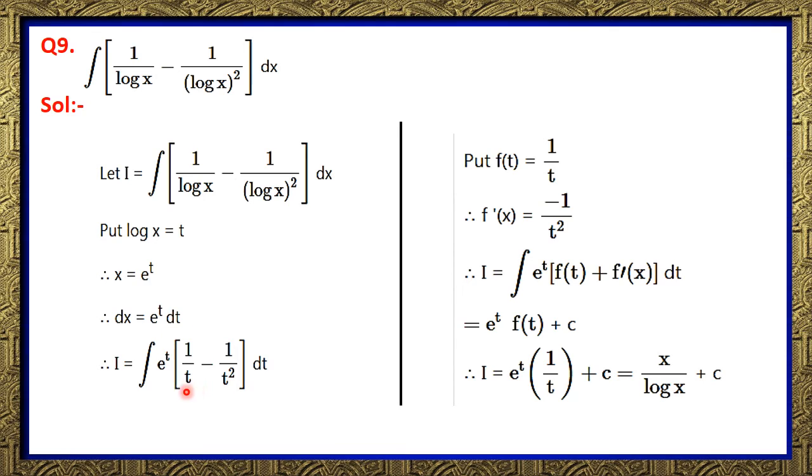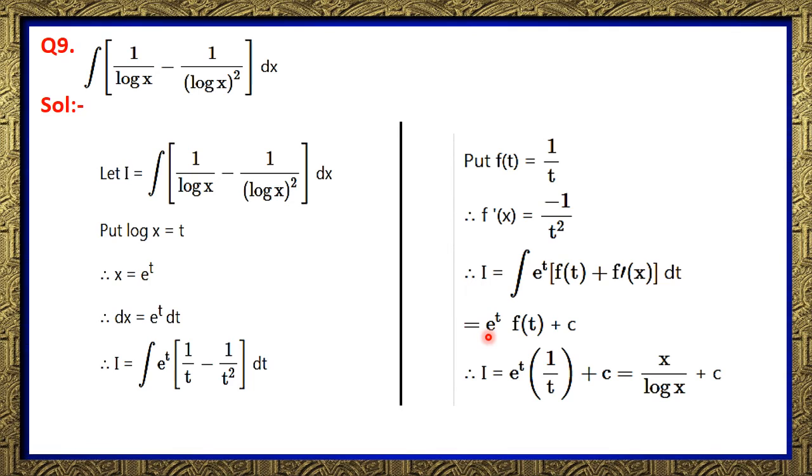Now this is of the form e raised to x into, if we take 1 upon t as f of t, then f dash t is minus 1 upon t square. Therefore it is of the form e raised to t into f of t plus f dash t dt, where f of t is 1 upon t and f dash t is minus 1 upon t square.